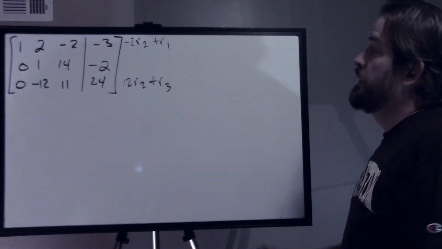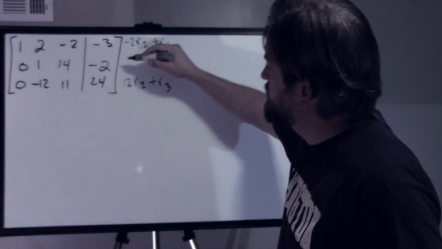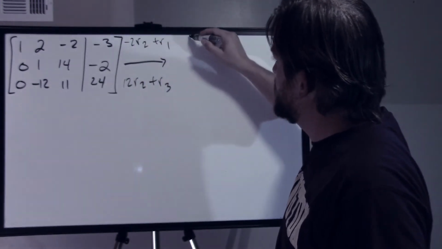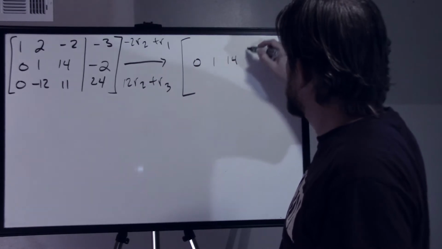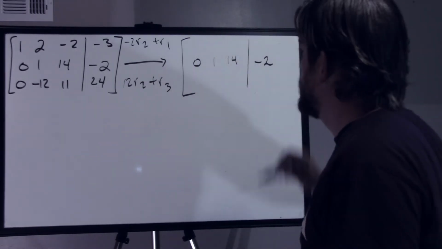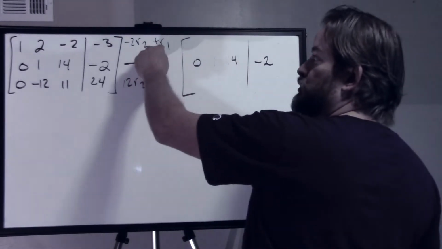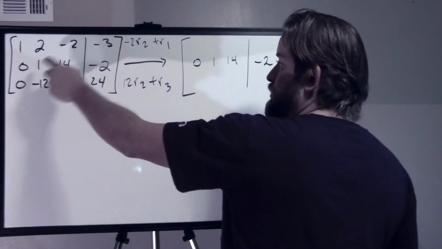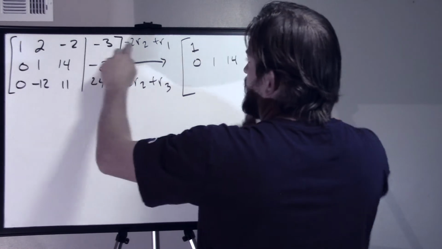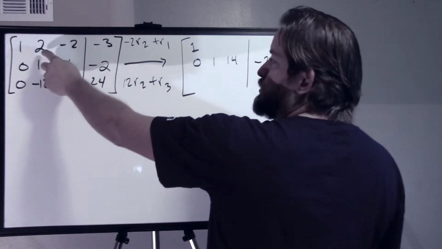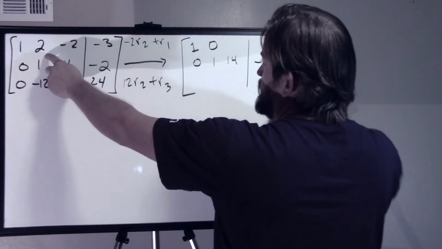All right. When I do this, again, this middle guy is not being affected, so it stays as 0, 1, 14, and negative 2. The top one is negative 2 row 2s plus 1 row 1, so negative 2 times 0 is 0, plus 1 is 1. Negative 2 times 1 is negative 2, plus 2 is that 0.